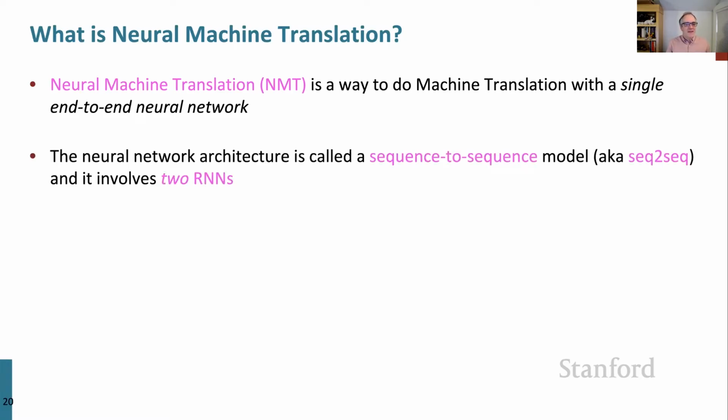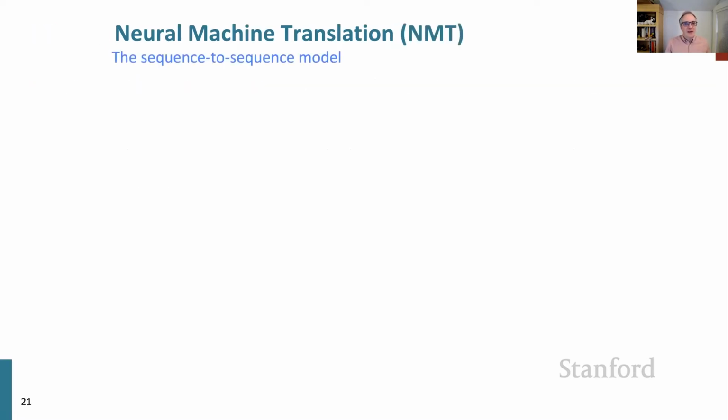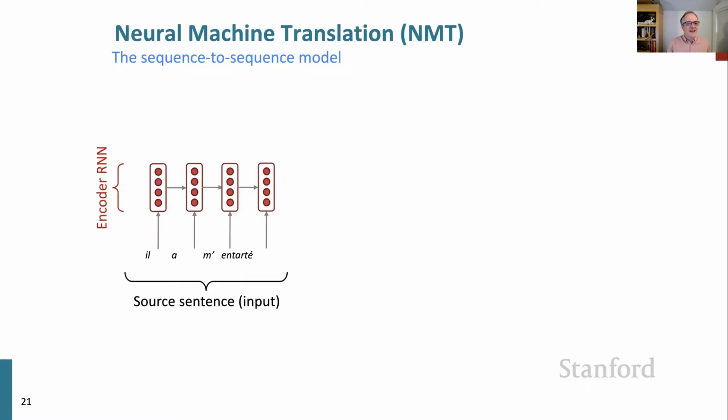So these neural network architectures are called sequence-to-sequence models, or commonly abbreviated Seq2Seq. They involve two neural networks. Here it says two RNNs. The version I'm presenting now has two RNNs, but more generally, they involve two neural networks. There's one neural network that is going to encode the source sentence. And well, we know about a way that we can do that.